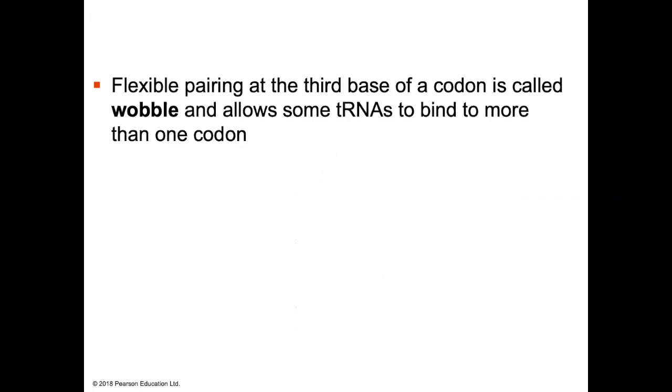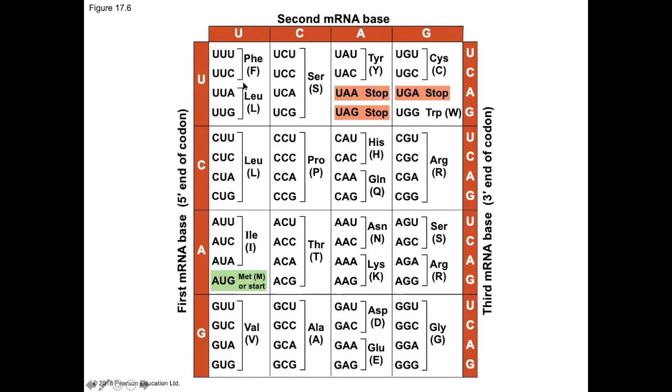And then, as I have said earlier, there are some codons which can code for the same amino acid. The flexible pairing at the third base of a codon is called the wobble position. As you can see in the genetic code, there are some codons that can code for the same amino acid. In the wobble position, only the third base will be different.